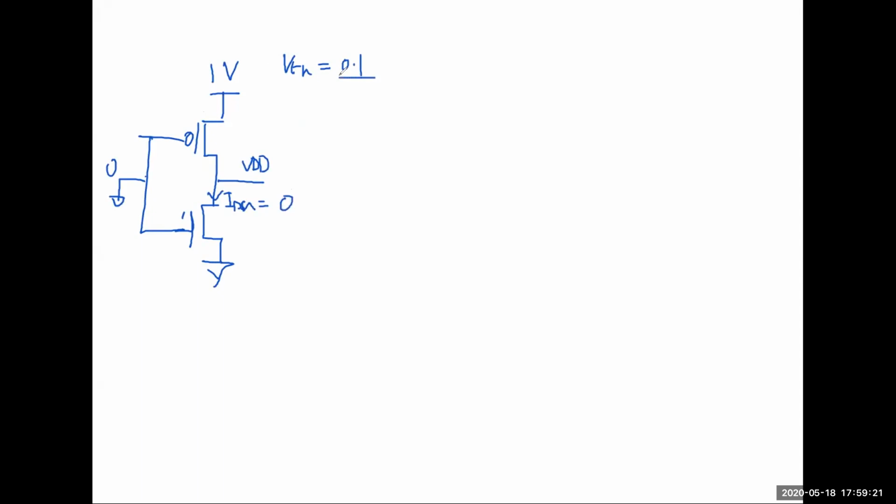But if your VTN is 0.1 volt, typically you'll have a few nanoamps of current, which for digital is a lot. Depending on the technology, you might have 10 nanoamps of current. If you take VTN of 0.3 volts, and this is exponential, it'll drop to probably like 100 picoamps. You go to 1 volt, this will drop to like 10 attoamps.